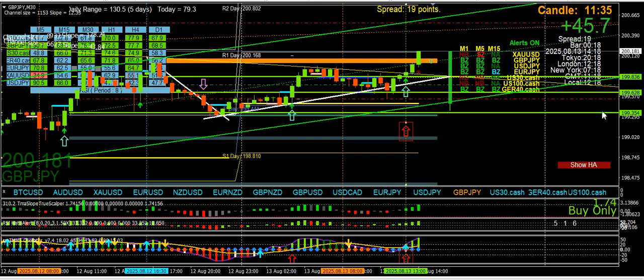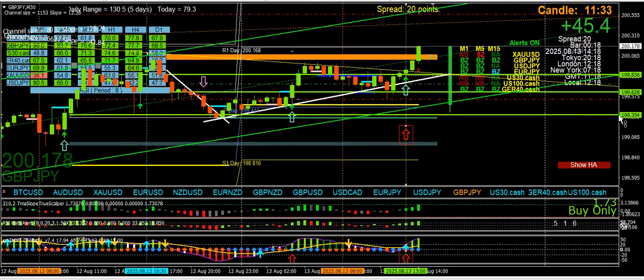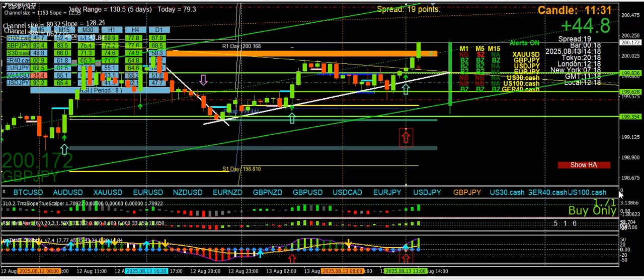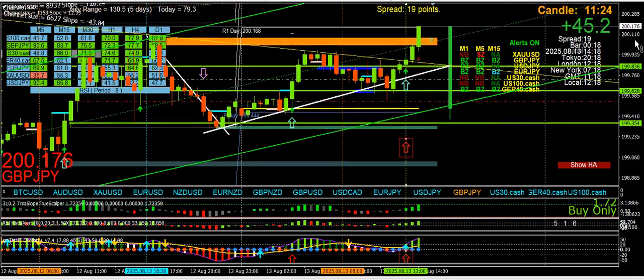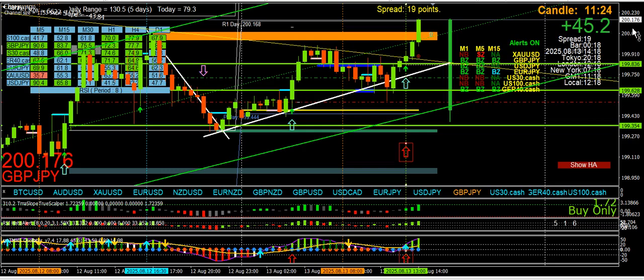But that's it. So you've got the perfect re-entry, and really all you have to do, sorry, my mouse battery I think is running out, is literally set alerts and wait, and then just double check everything.